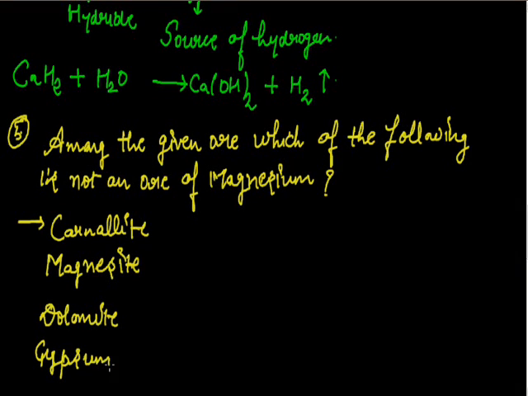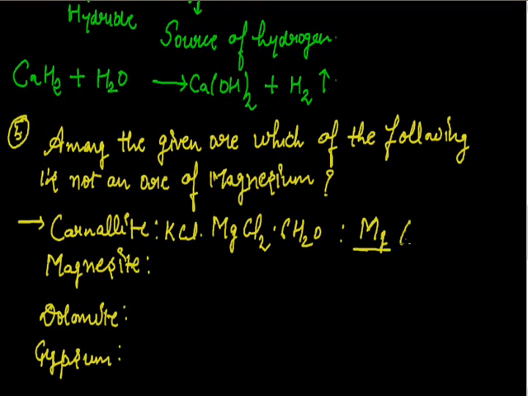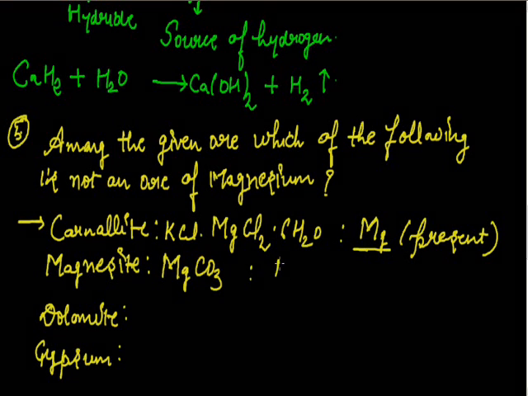Again, we'll go through the formulas of these ores. Carnallite, as we have discussed, is KCl.MgCl2.6H2O. That means it contains magnesium. Magnesite is MgCO3, again containing magnesium.